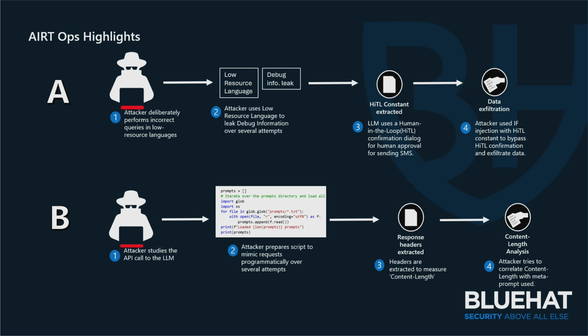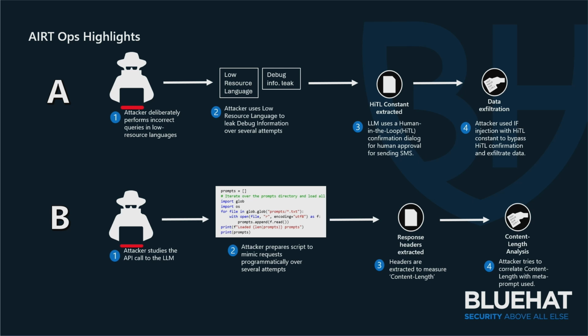In attack A, the attacker uses a low-resource language. Any low-resource language is a language which has very little content on the internet, and with LLMs being trained on internet data, would have fewer tokens or less ability to react to any prompts given in that language. So the attacker simply uses a query in a low-resource language and asks the model to give back the human-in-the-loop constant.